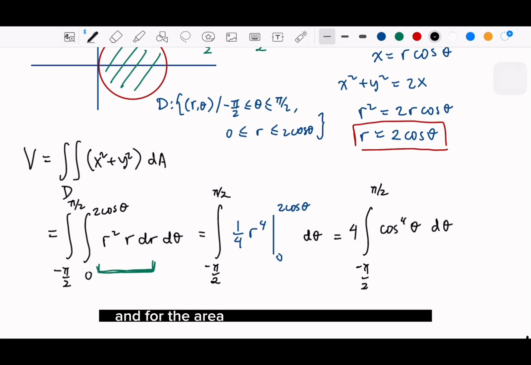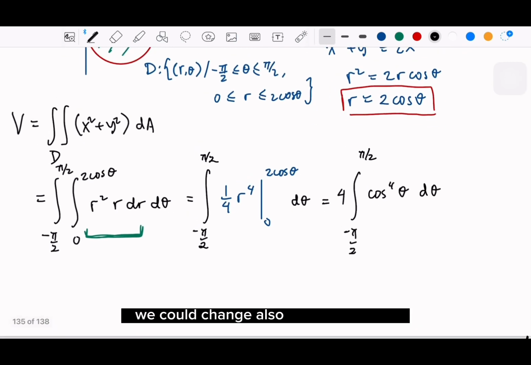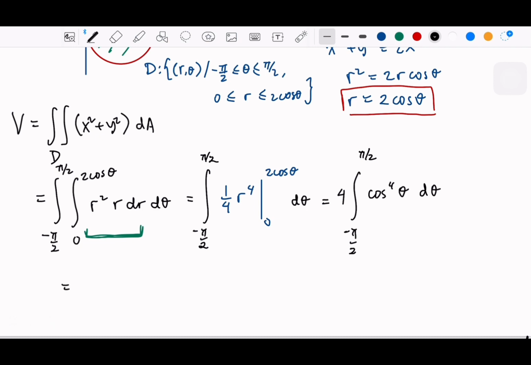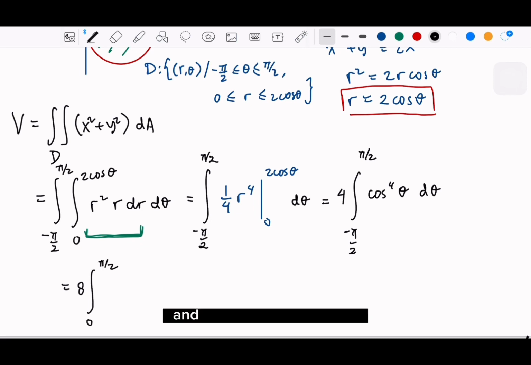And for the area, we could also change the integration to 0 to pi over 2 and multiply by 2. And for cosine to the power of 4, we could use the double angle formula.